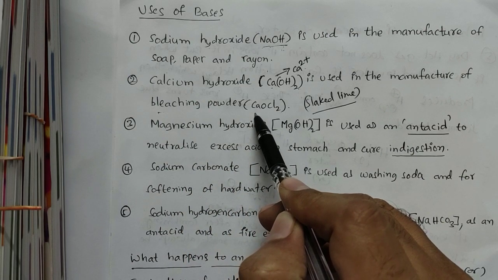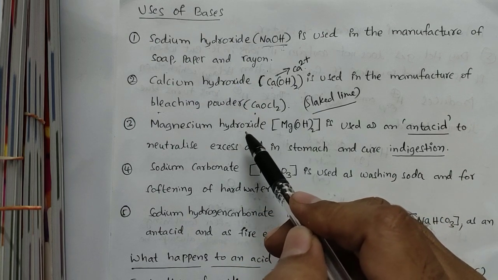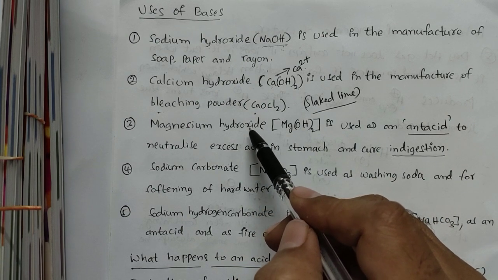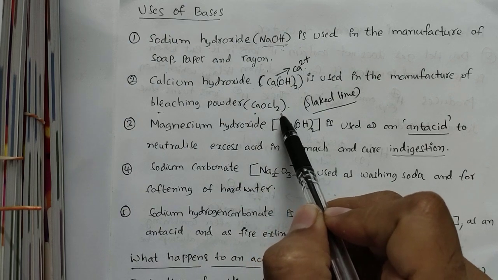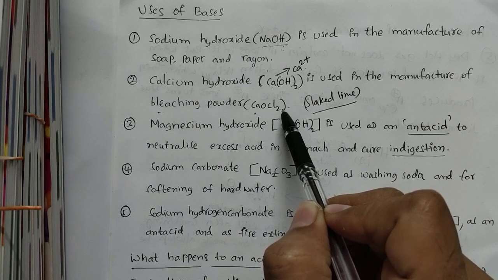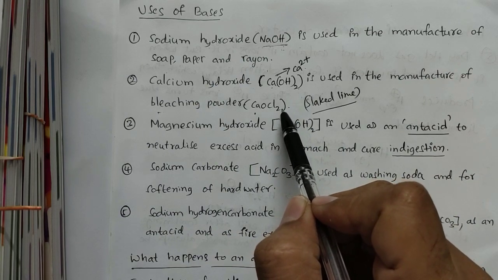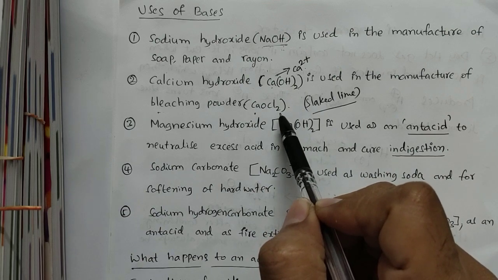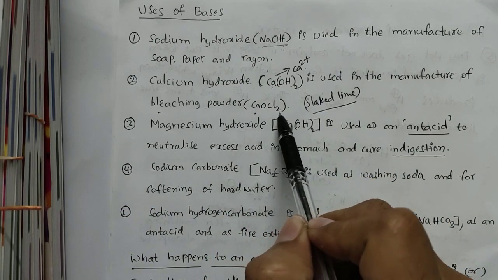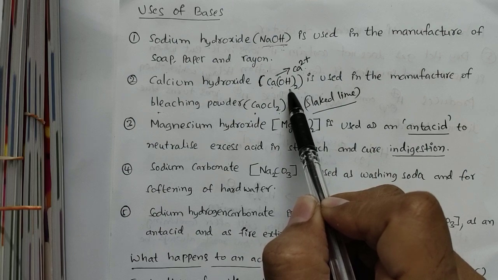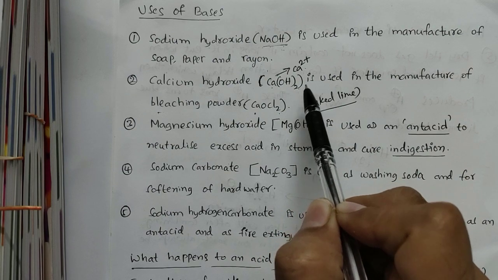Bleaching powder has many domestic and industrial applications. Earlier, bleaching powder was used in the purification of drinking water. The process is called chlorination, but now it has been replaced with other purification techniques. Bleaching powder is manufactured from calcium hydroxide as a starting material.